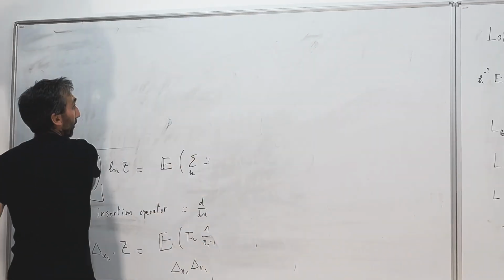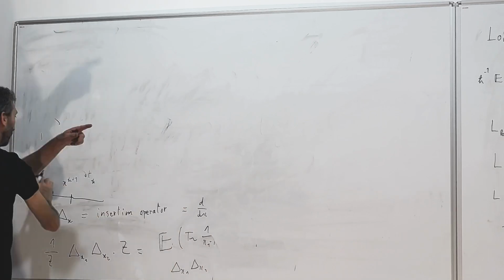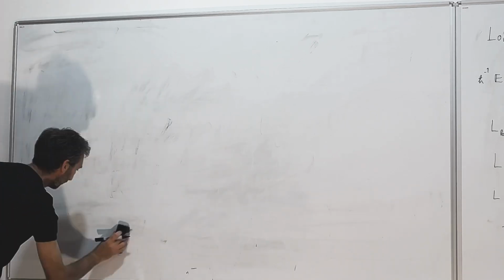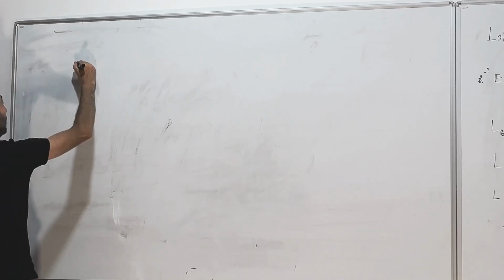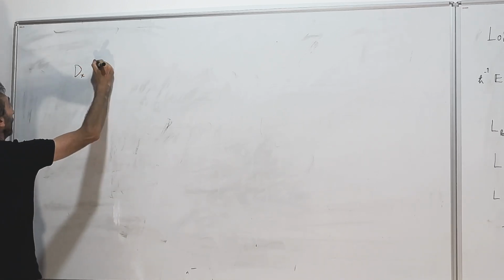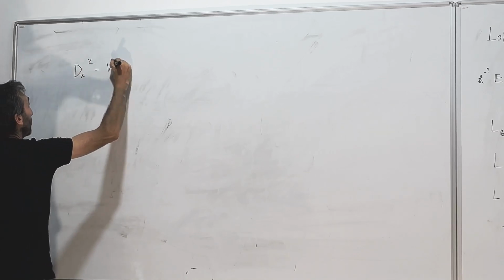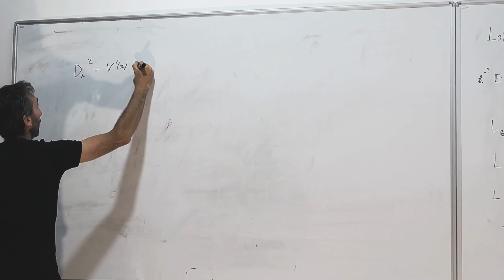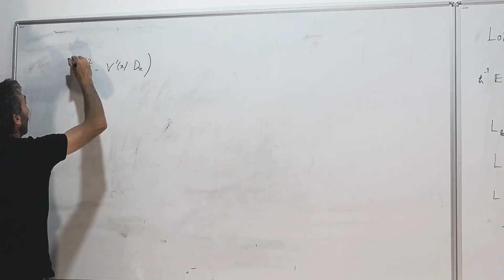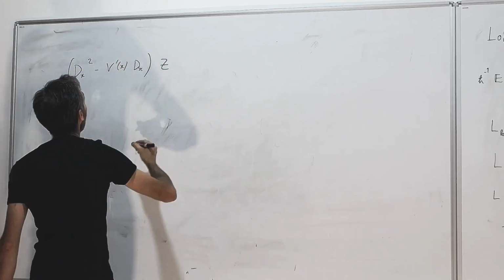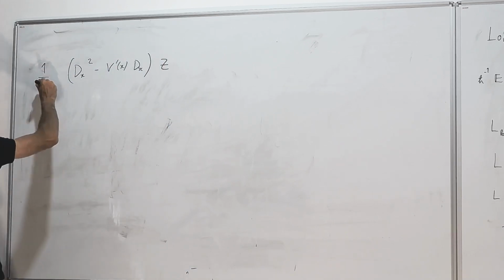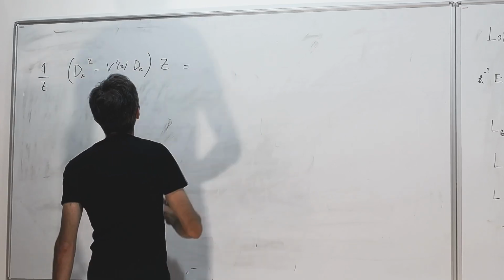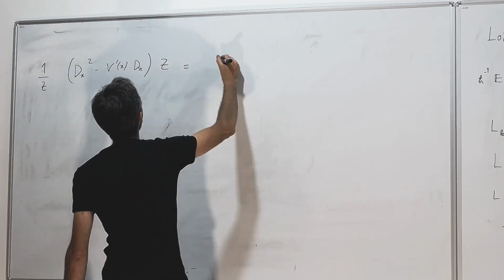The loop equations which I have, which are up there, can be written with this insertion operator in this way: delta of x squared minus v prime of x delta x applied on Z, divided by Z. It should be a polynomial of x.